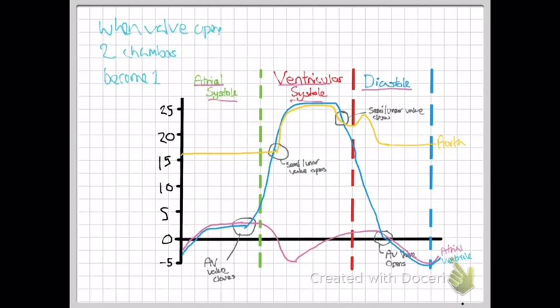They share the same pressure. So therefore, when we've got two chambers as one, they're going to have the same pressure. So when the semilunar valve opens, the aorta and the left ventricle have the same pressure. When the AV valve is open, the atria and ventricle have the same pressure. Okay. Go over that again. It's not easy to get a grip of, but it is quite simple once you understand it.